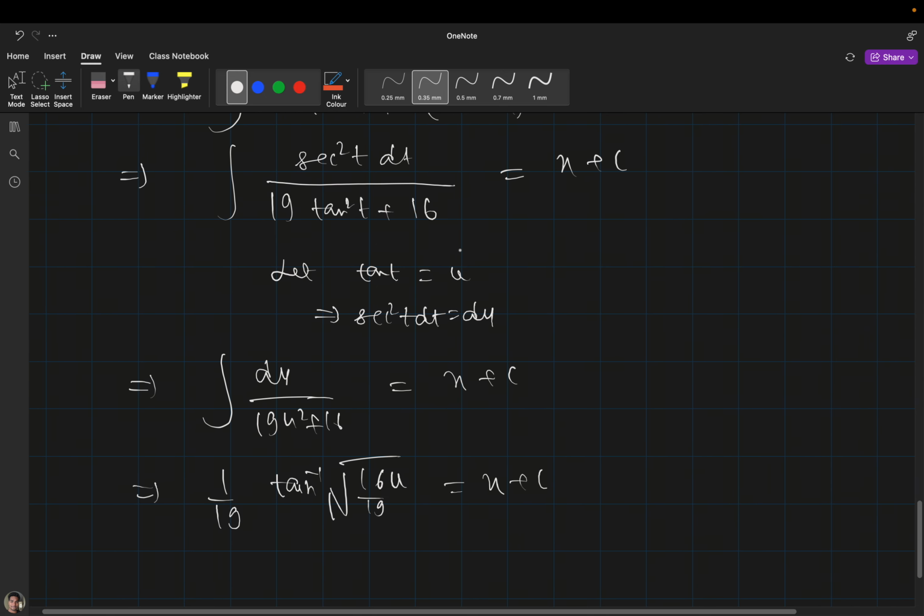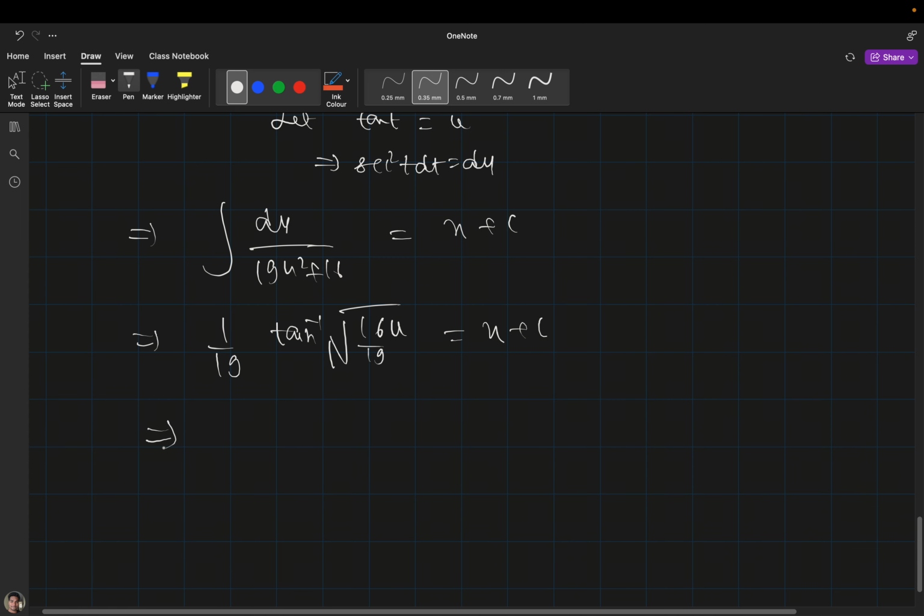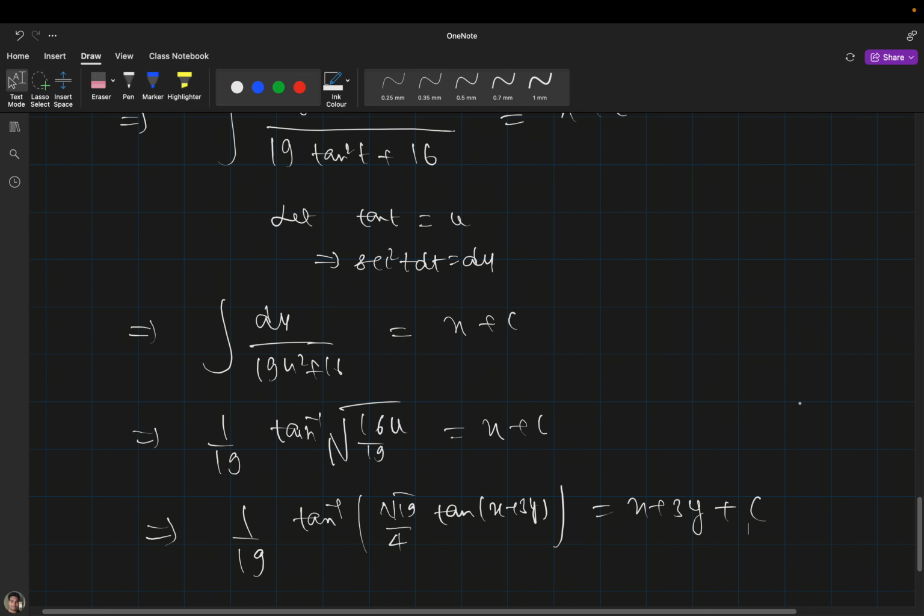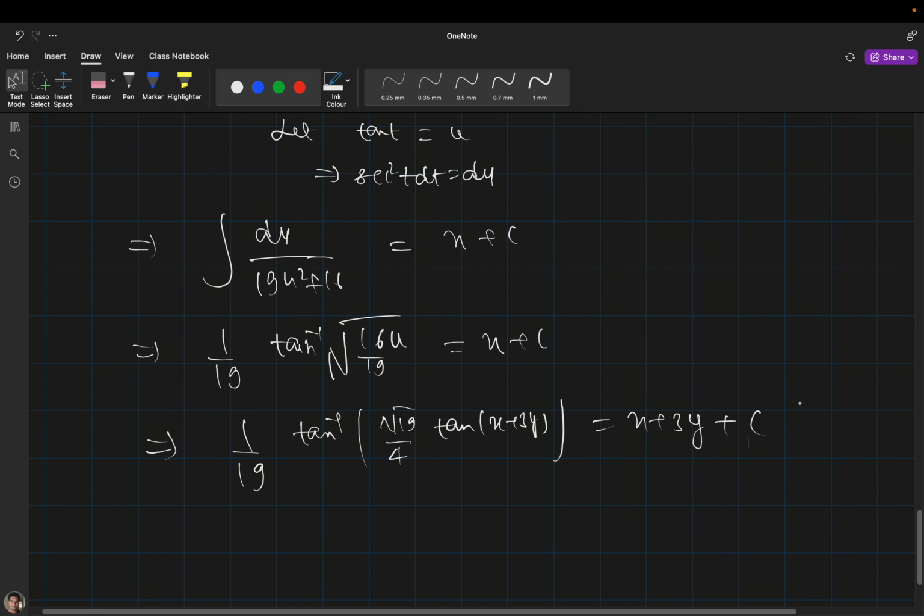And when you substitute all those variables which we have assumed, then you will get 1 by 19 tan inverse of 19 by 4 tan x plus 3y equal to x plus 3y plus c. So this is the solution you will get.